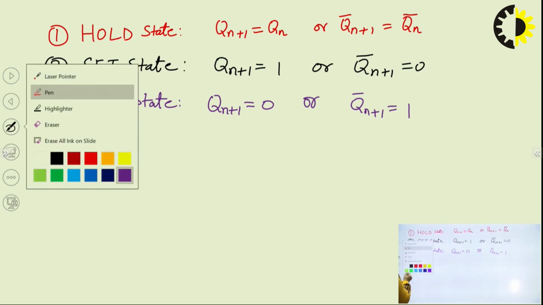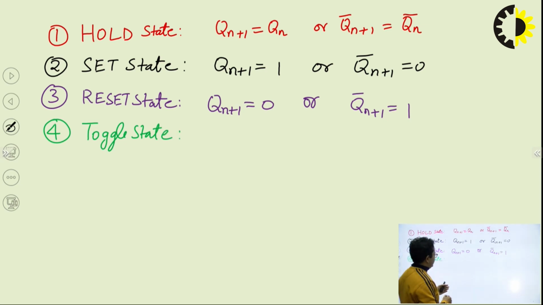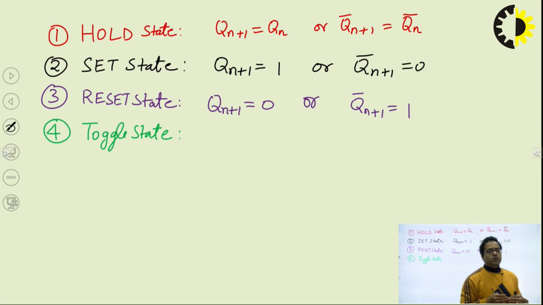Similarly, another possible state is the toggle state. In the toggle state, just remember that toggle is just the opposite of the hold. Hold was the condition in which a latch is in the hold state when the present output is holding the past output value.